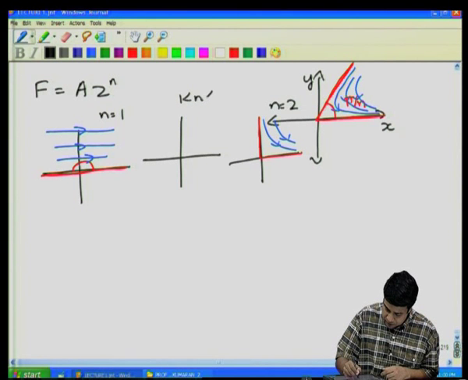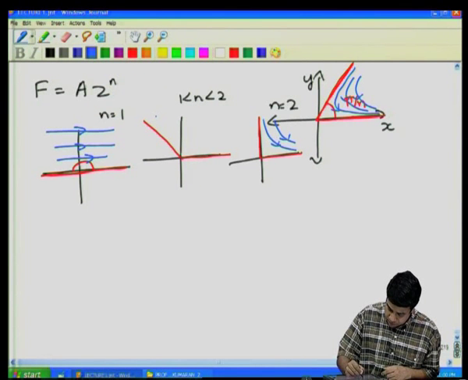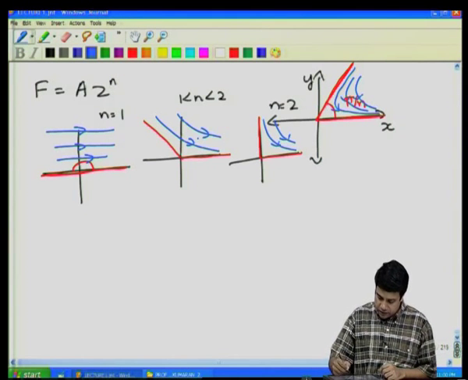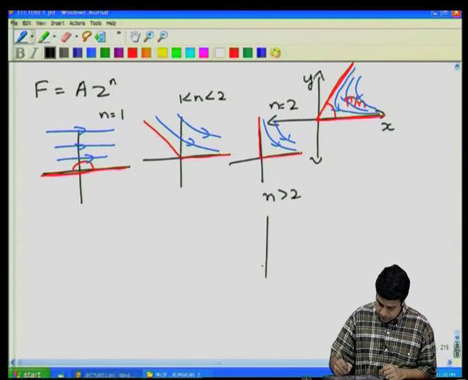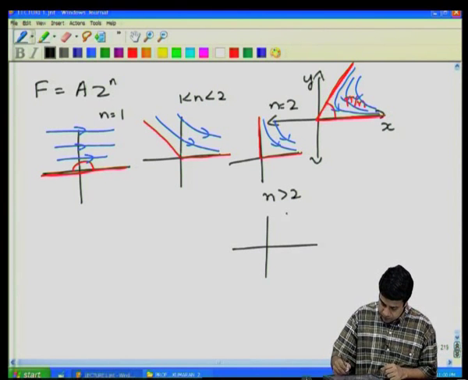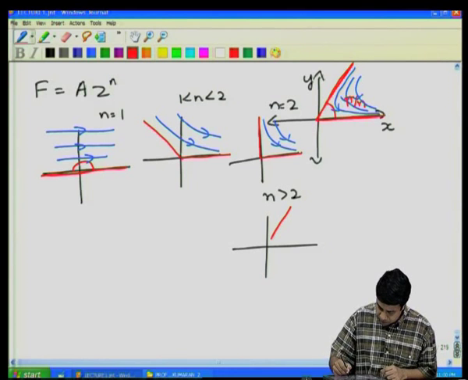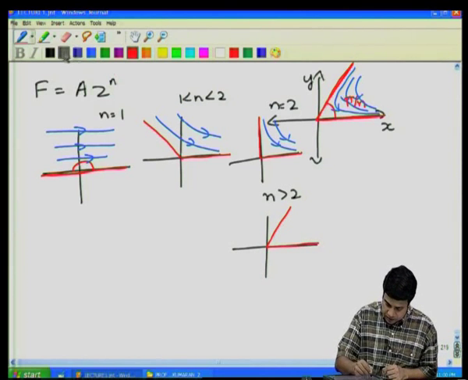One less than n less than 2 corresponds to an angle that looks like this. Okay. For n greater than 2, you get an acute angle, which looks something like this.